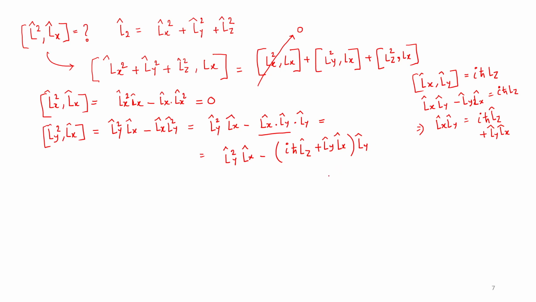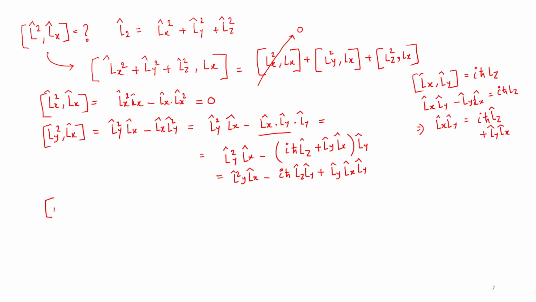Okay. So this will lead to Ly square Lx minus iħ Lz Ly. You can't write it as Ly Lz because it is right multiplied by Ly. You need to multiply on the right side. Similarly for this also, Ly Lx, and I have to write Ly here. I can't write L square Lx right now, I have to write it like this.